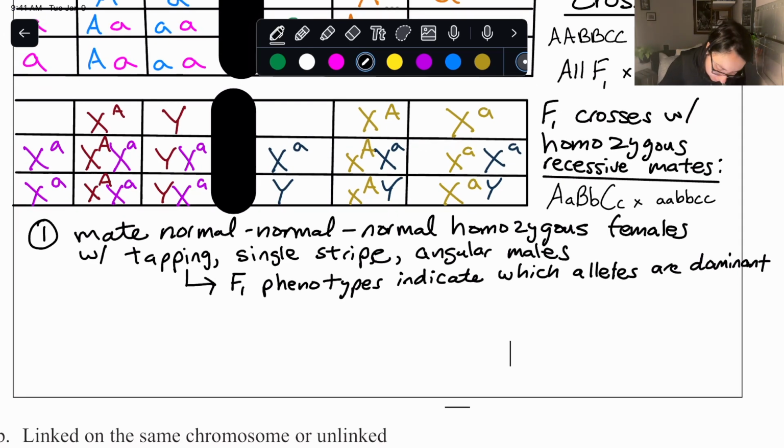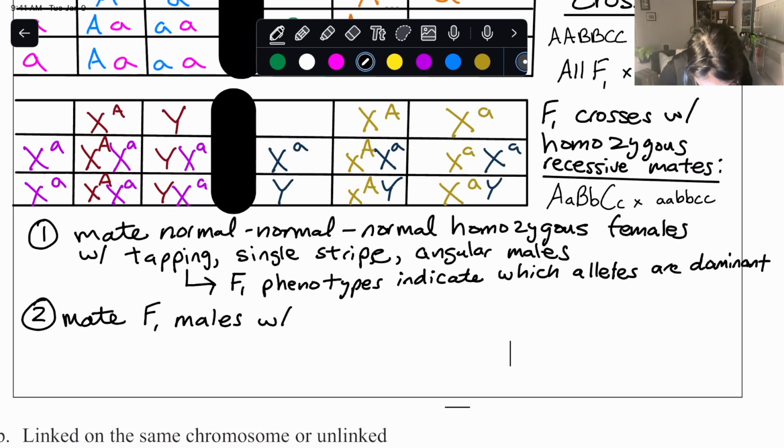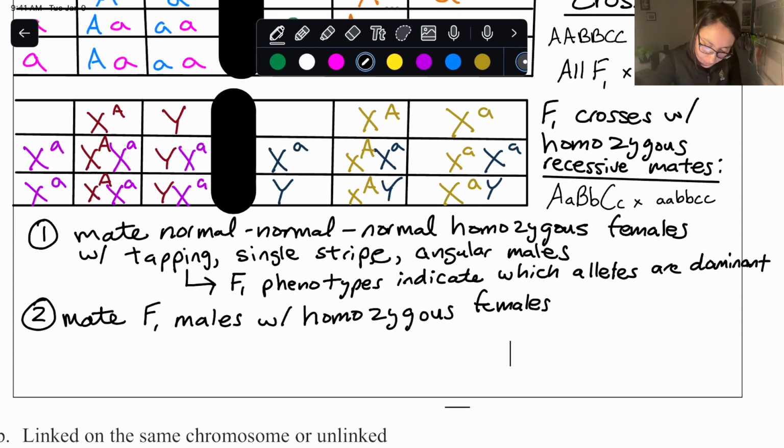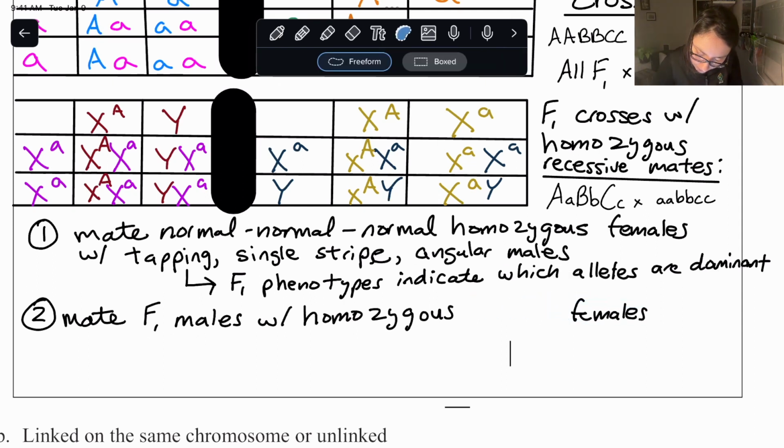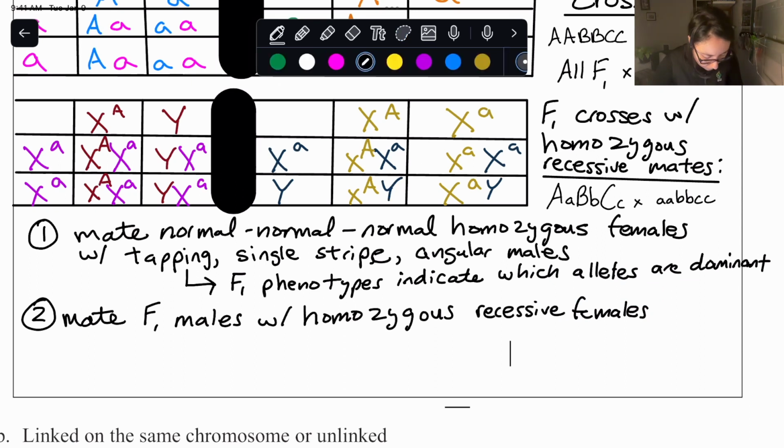And then what you're going to say here is then mate F1 males with homozygous recessive females, sorry, I forgot that word, homozygous recessive females for all 3 traits.